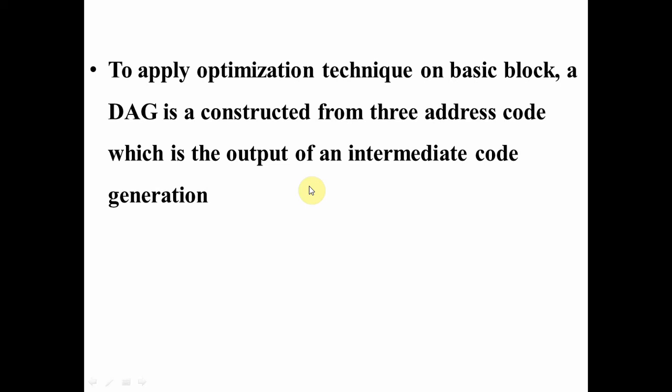In between input code and target code, there will be an intermediate code form. That intermediate code form can be represented as either 3-address code or quadruple, etc. So now we are considering how a DAG is constructed from a 3-address code. A 3-address code is a form of intermediate code.